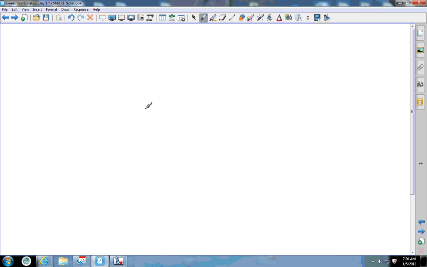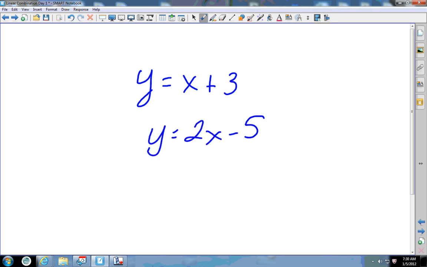Now, the easiest way to solve systems of equations when both of them are in slope-intercept form, what's the easiest way to solve this? If they're both in y equals form, what did we do yesterday?